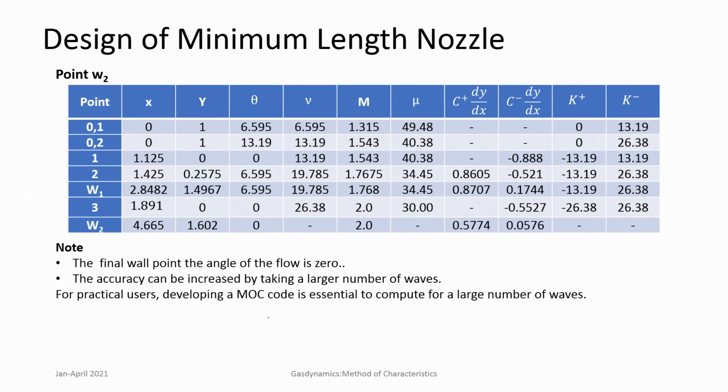Okay, so now we have completed all the different things, and we have got the points W1 and W2. If you take many number of waves, we can get a smooth contour. So for people who are going to use this, they need to develop a small code to compute for large number of waves for their particular problem.